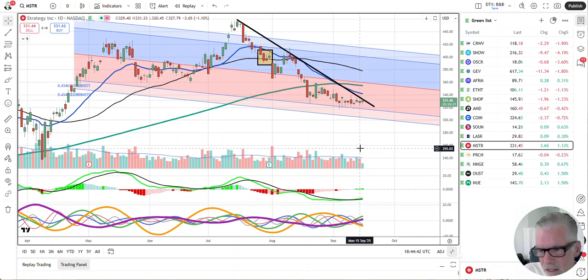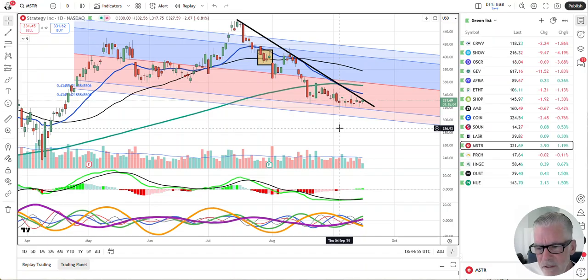Why? A, the premium is really high. And B, it's just been going sideways. And I don't think it's really going to go down too much lower because the valuations of the asset underlying in the company are too strong. So yeah, perfect place to start building out.